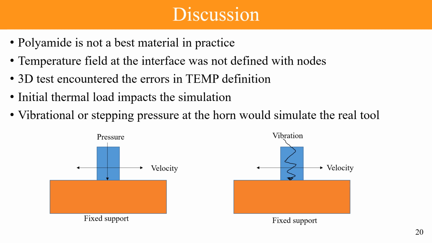And then this velocity, with certain frictional values, a frictional coefficient at the interface, would help to generate the heat at the interface, and that will eventually help bond the third material within this plastic material.